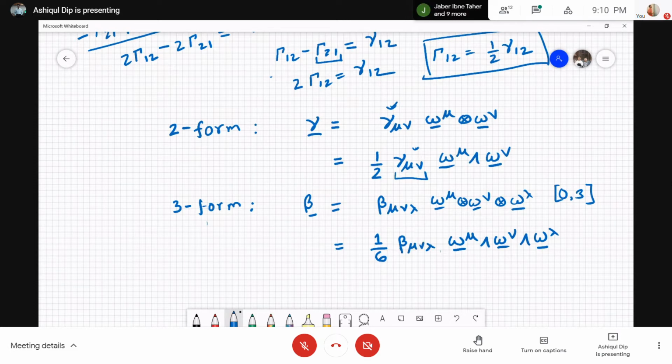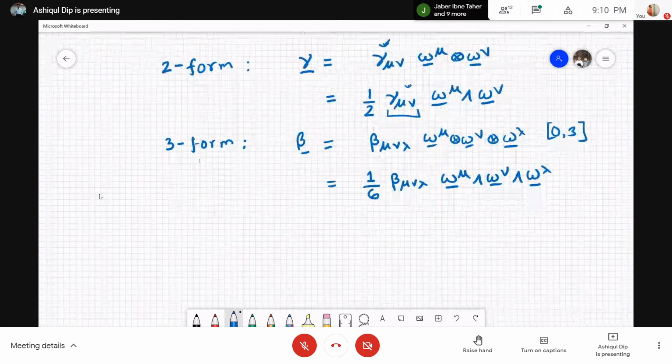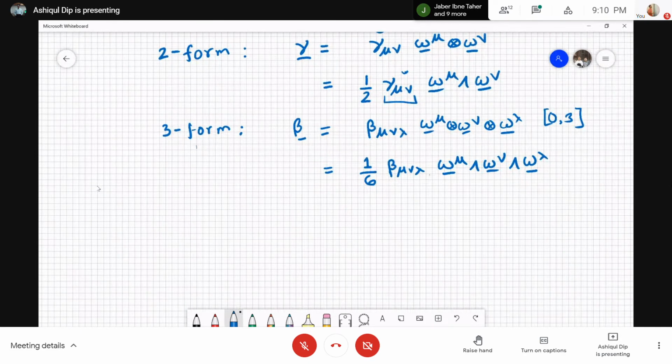So in general, a P form, or whichever object, can be written like this. Say some alpha, which we can write in terms of wedge product. A P form can be written like this: 1 over P factorial. Alpha should have now P indices. So alpha mu1 is the first index, alpha mu2 is the second index. Remember, mu1, mu2 are indices.